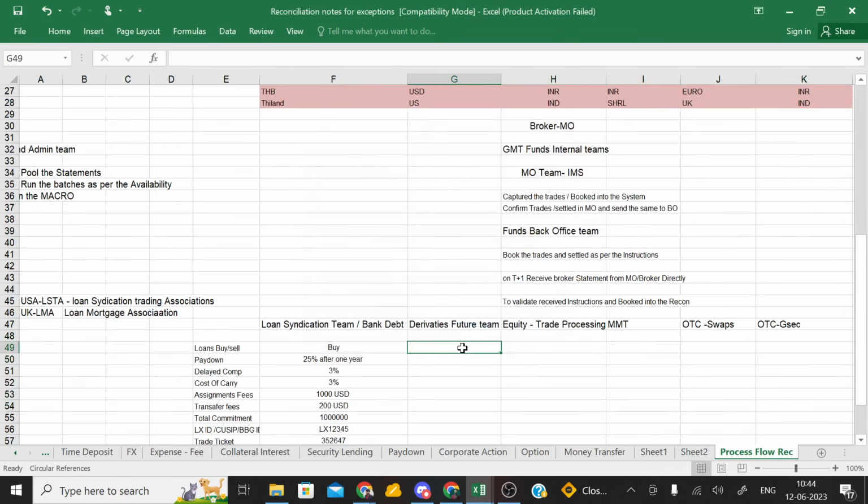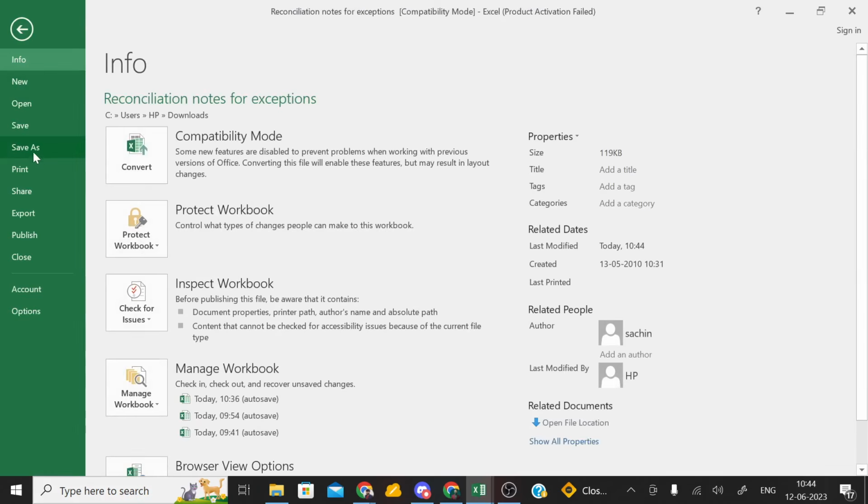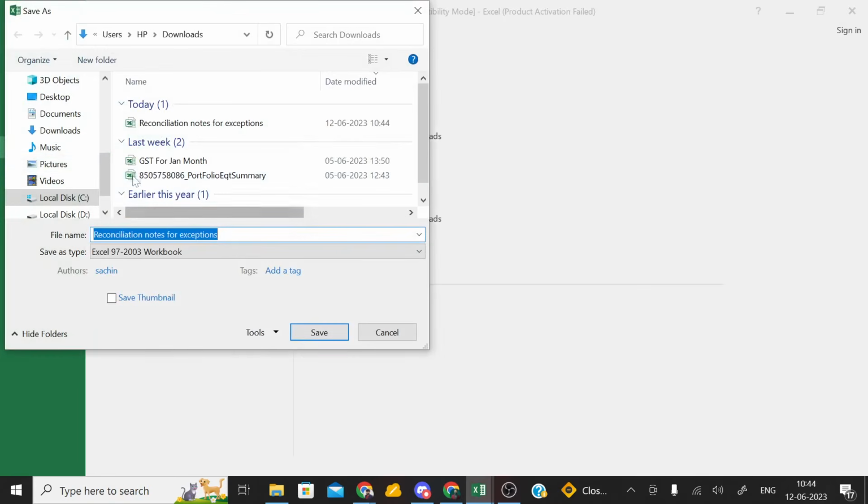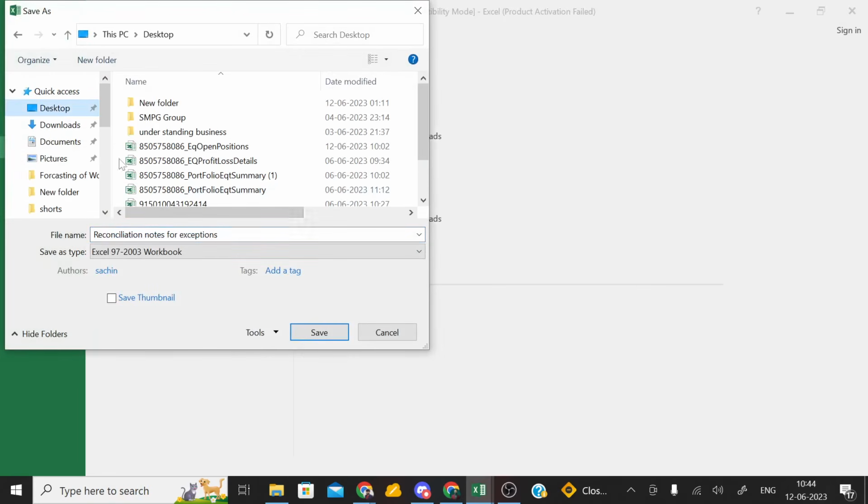We'll continue with this tomorrow. We will have to take details from 2 to 3 teams, and only then will we be able to link the reconciliation data.